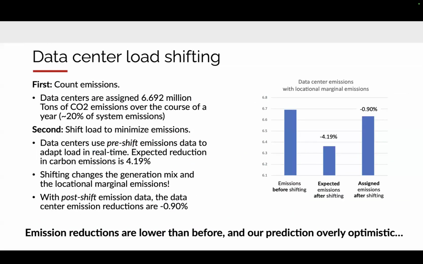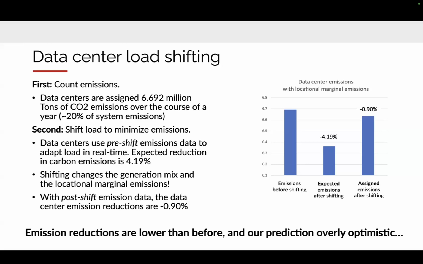Okay, so what does that look like? If you first go through the step of counting emissions, we observe that data centers are now assigned 6.6 million tons of CO2, which is again 20% of the total assigned system emissions. When we do our shifting of load, we see that the data centers, in their shifting objective, find that they can reduce emissions by 4%.